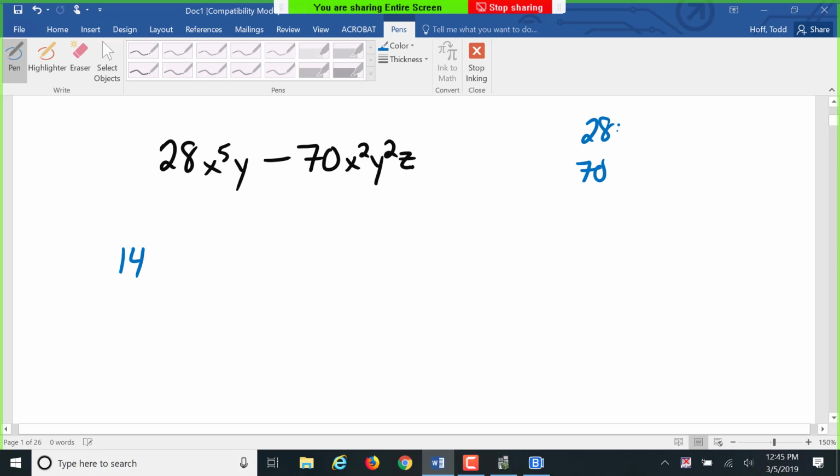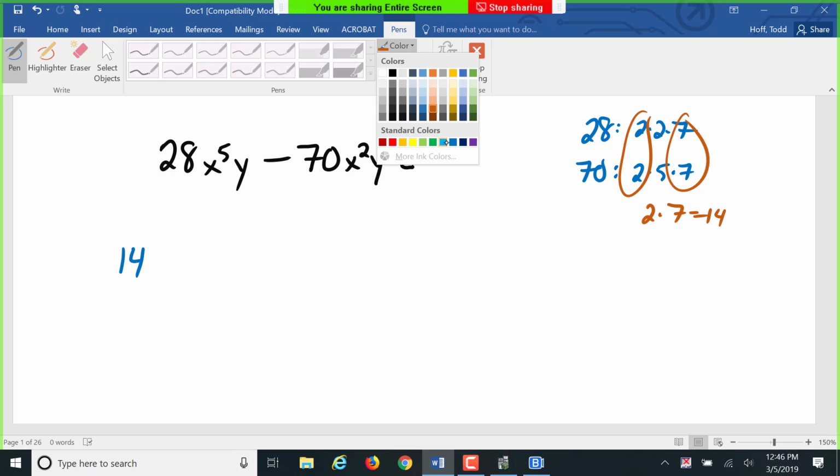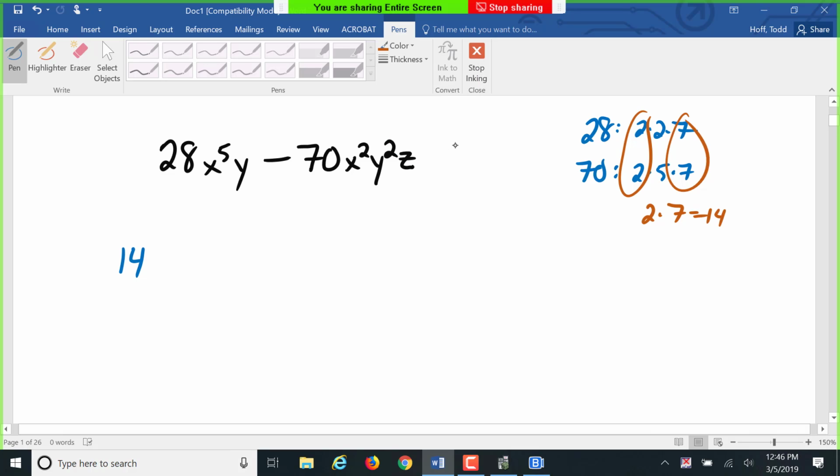If we have to prime factor them, 28 factors into 2 times 2 times 7. 70 factors into 2 times 5 times 7. They both have a 2 and a 7 in common, so 2 times 7 is 14. Now, since you said 7, once we're done with this, I'll go back and I'll show you what would happen if you use 7. You wouldn't be dead in the water. There's still a way to recover and get the right answer.